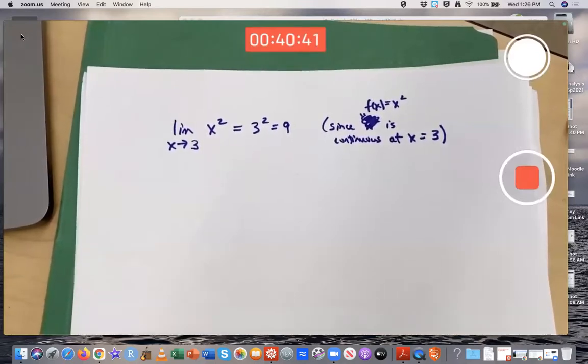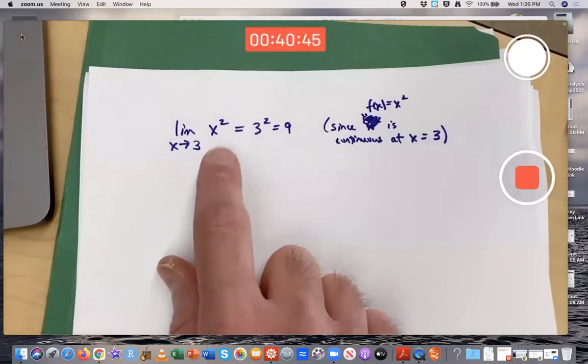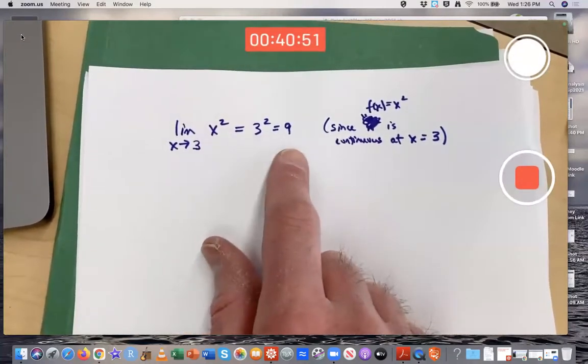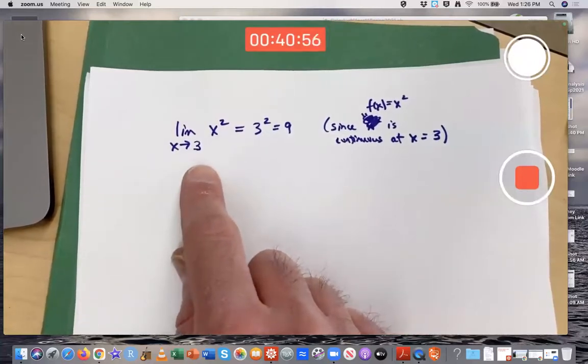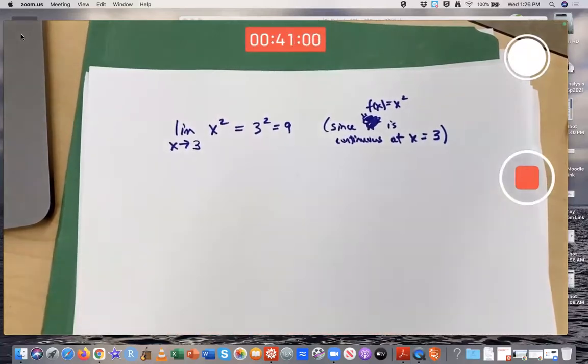What does this really mean to say this? It means we can make the values of this function, f of x equals x squared, as close as we like to 9 by taking x close enough to 3. Sufficiently close to 3. I'll write that out.